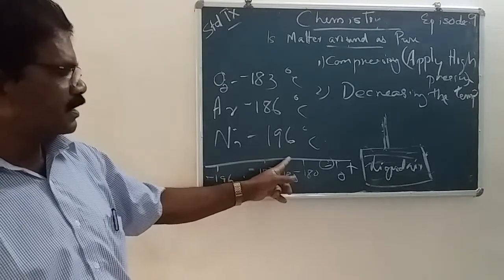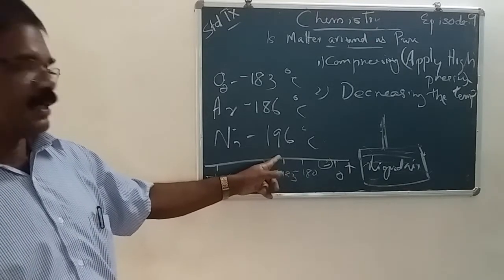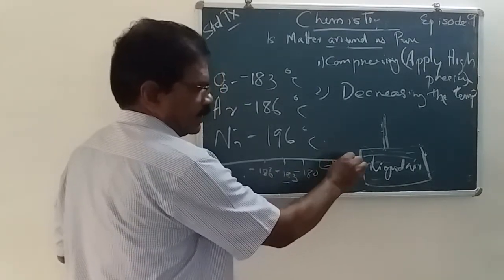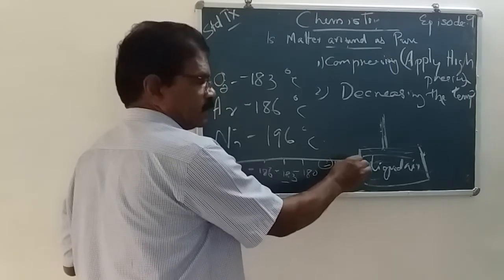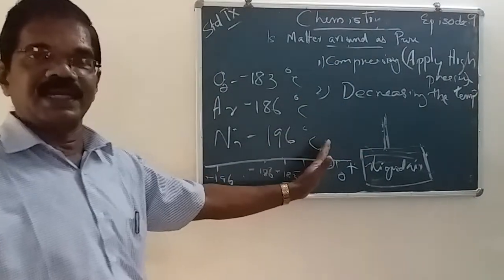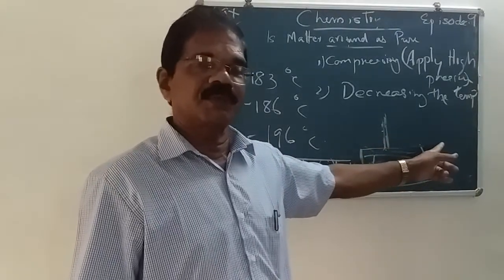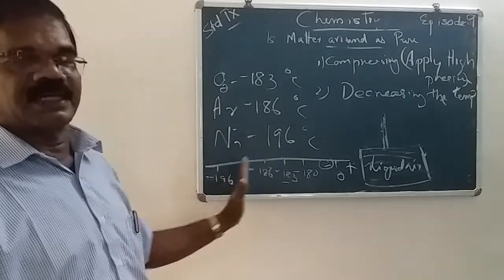And last we get oxygen. On the number line, -100, -50, -10, -1, 0, then going to the right side, 1, 2, 3, 10, 100 degrees positively. So the left side is decreasing and the right side is increasing.